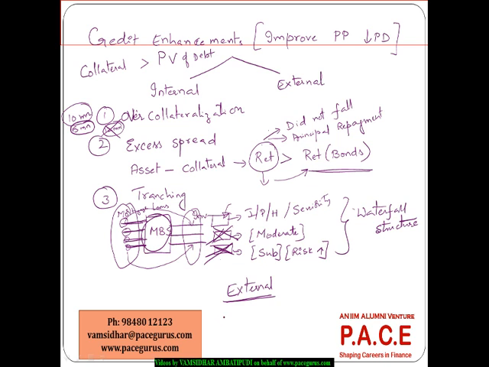One of them is a surety bond. Surety bonds can be purchased from insurance companies, and it's an assurance that in case the issuer defaults, the insurer is going to make up for the loss. So the bond investor does not have much of a worry there.